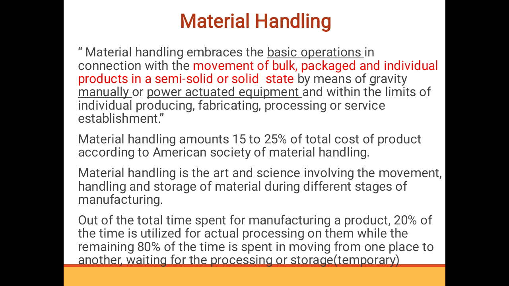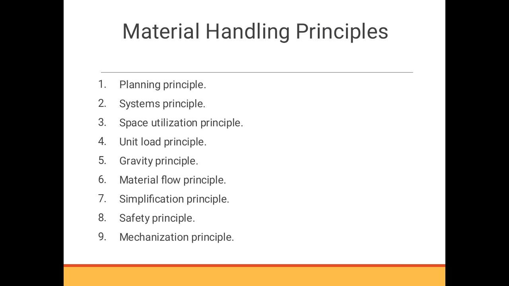Out of the total time spent for manufacturing a product, 20% of time is utilized for actual processing, while the remaining 80% of time is spent in moving from one place to another, that is, waiting for the processing or storage. So this is an important point.